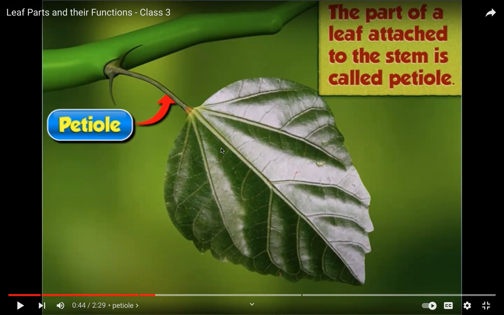Tell me. Petiole holds the leaf to the stem. Excellent. Very good, Tuhin. Okay, now you tell me, Debangshu, what is the petiole? The part of a leaf attached to the stem is called petiole. Very good. Excellent. Can you tell me the function of petiole, beta?